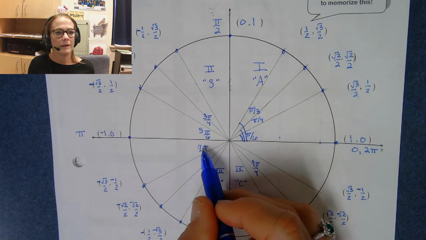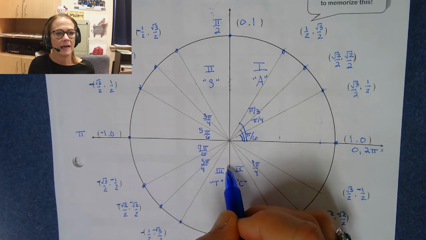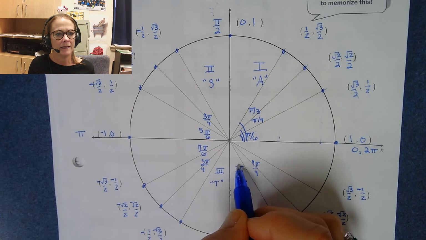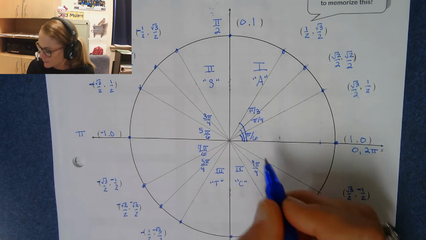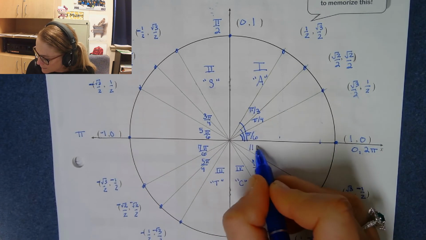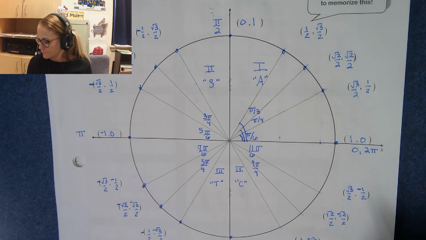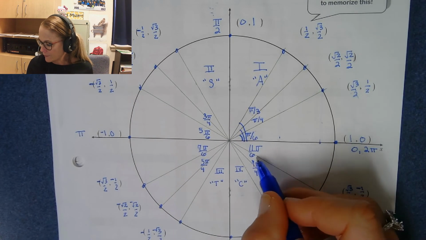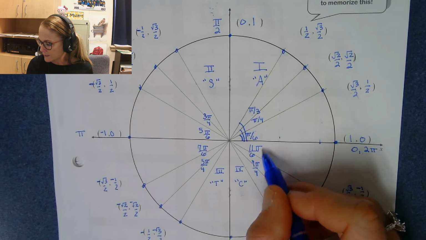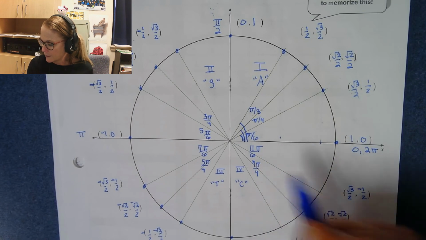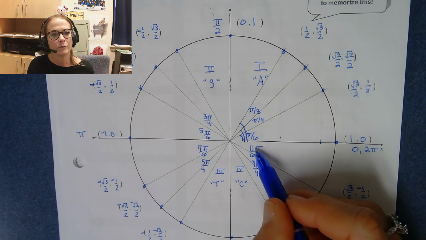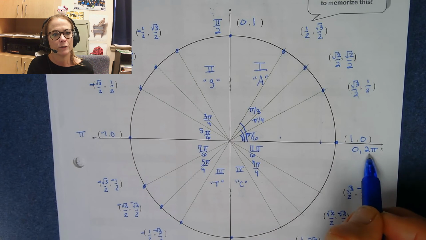All right, keep going. This would be 8 pi over 6, 9 pi over 6, 10 pi over 6, and then 11 pi over 6. 11 pi over 6 is your 30 degree angle in quad 4. Okay, and just think about that. You're pi over 6 away from 12 pi over 6, and 12 pi over 6 is 2 pi.